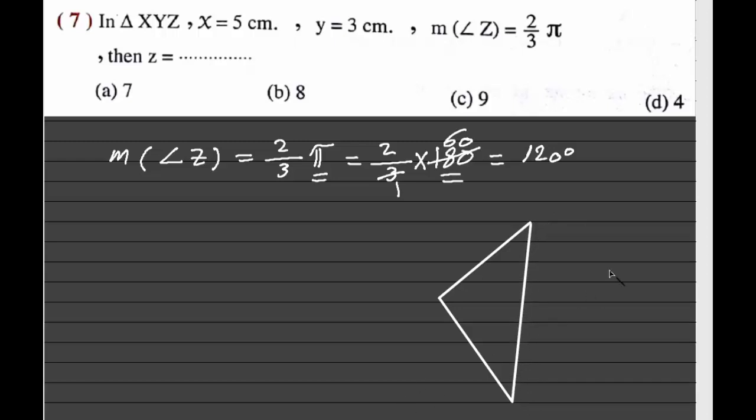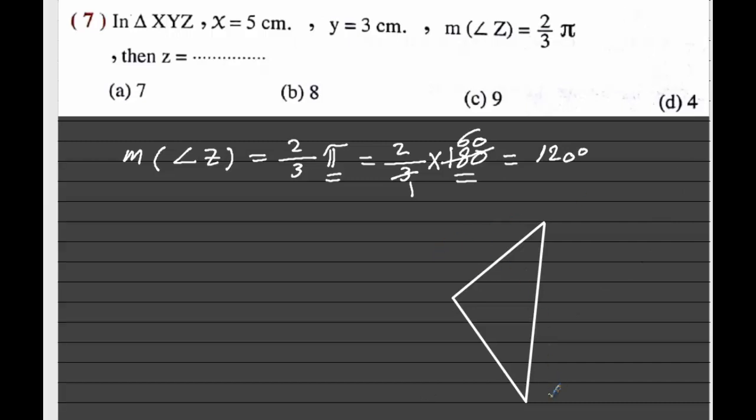Okay, y is opposite to the side of length 3 centimeters, and x here, it is the measure of the angle here, opposite to the side x of length 5 centimeters, and here angle z equals 120 degrees.